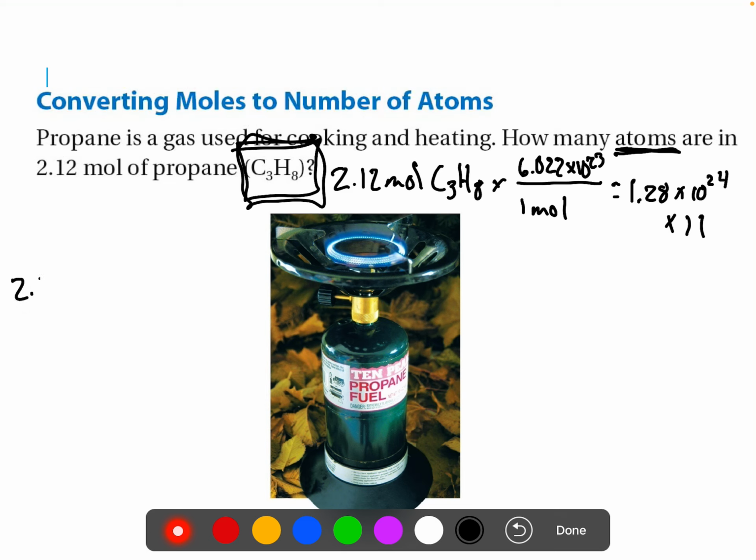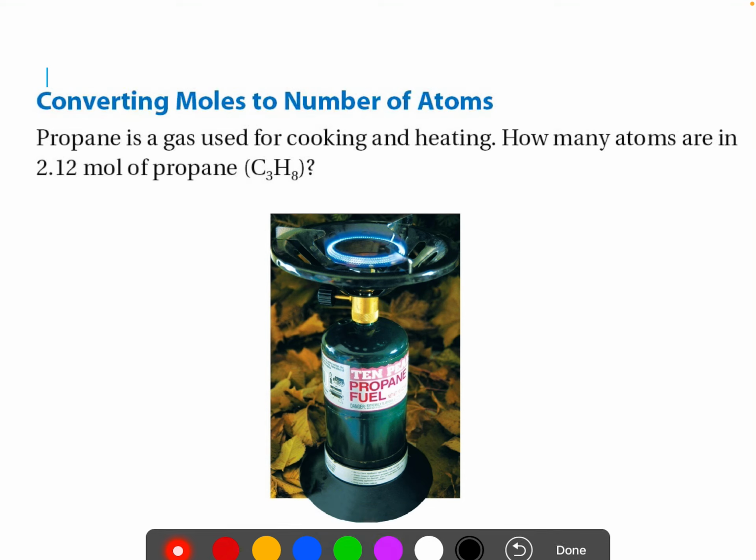Or we could have done 2.12 moles times 1 mole is 6.022 times 10 to the 23rd particles. And then we'd say 1 particle has 11 atoms. And so that will get you the answer of 1.40 times 10 to the 25th.